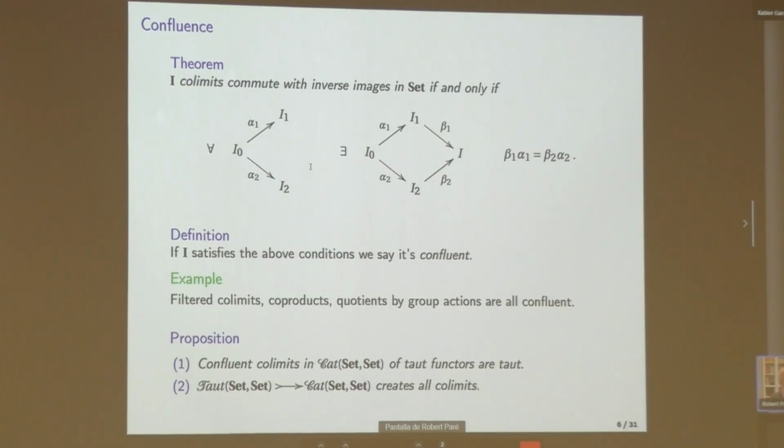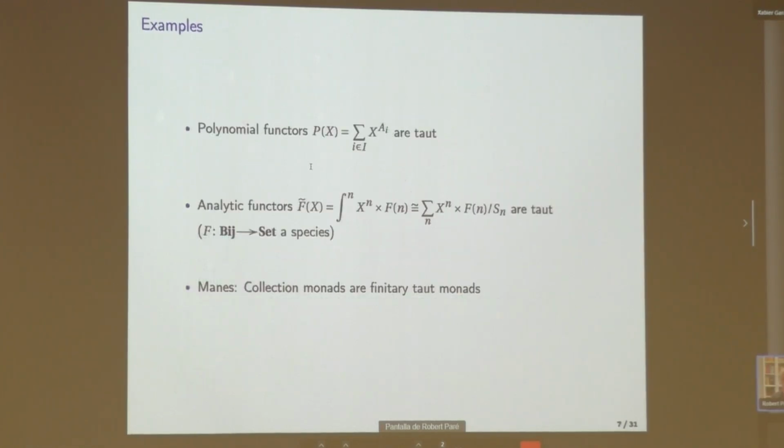And so the story for colimits is that confluent colimits in Cat^Set of top functors are again top. And if, on the other hand, we take diagrams in Top, then all colimits exist and they're colimits in Top. Okay, so that's the story for colimits.